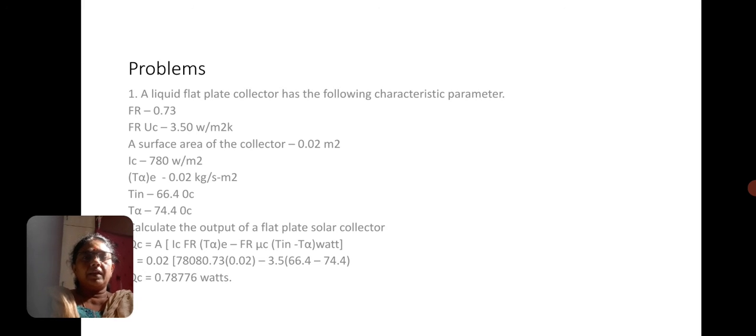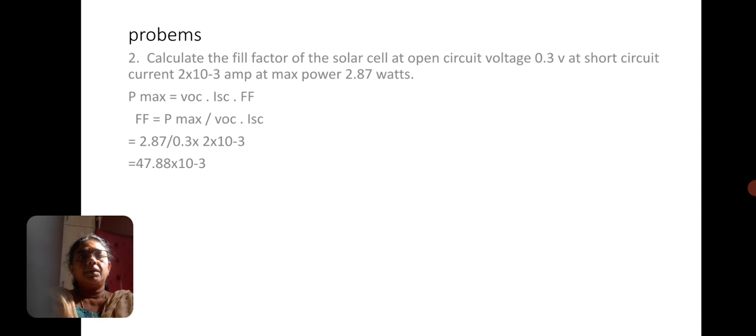There is nothing tricky and no other difficulty in calculating. So write the expression for the flat plate solar collector and substitute the direct values of the given parameters, then QC is equal to 0.78776 watts. I think all of you have understood how to do this problem.